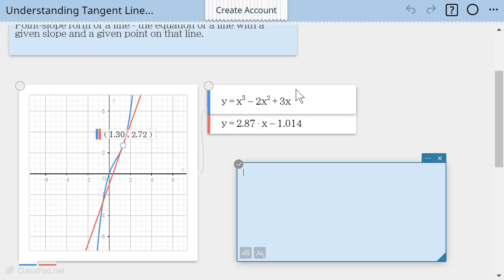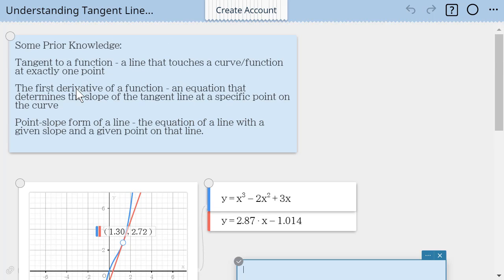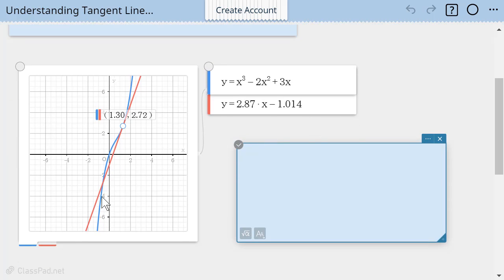Where did that come from? Well, it comes from the derivative, which we've given them a definition. The first derivative of a function is the equation that lets you determine the slope of a line at a specific point. So this tangent line at this specific point, x = 1.3, has a slope of 2.87 in that particular instant.